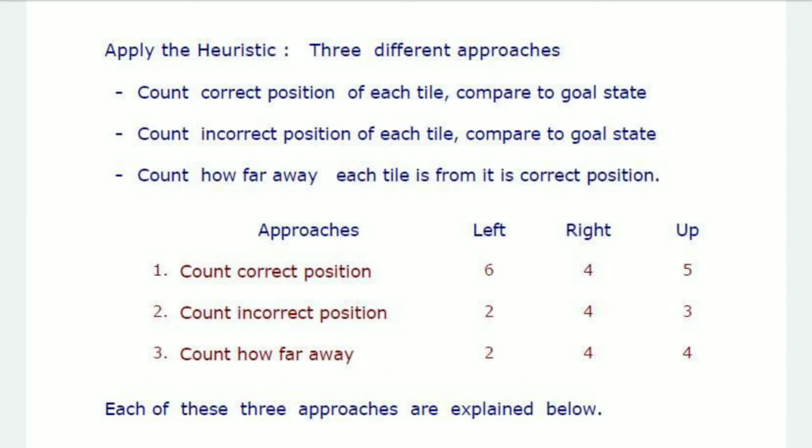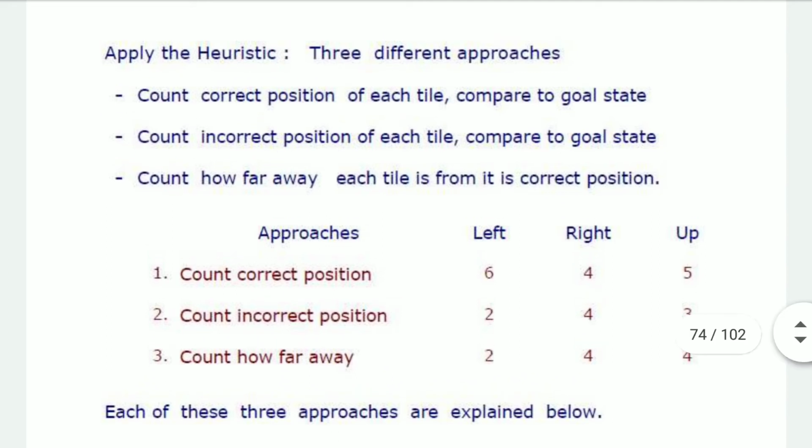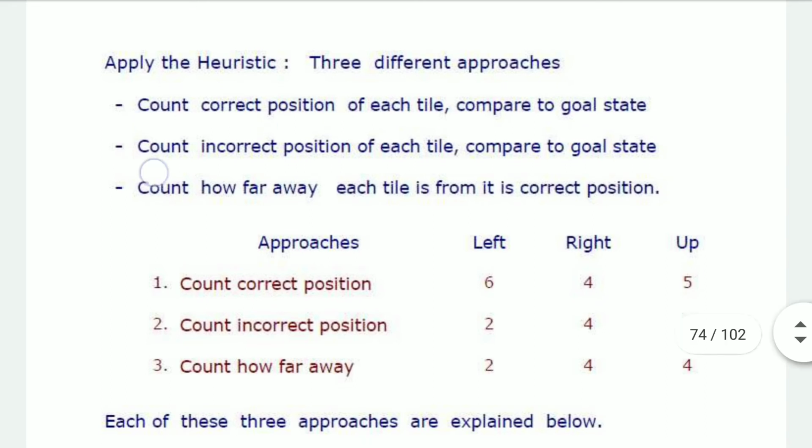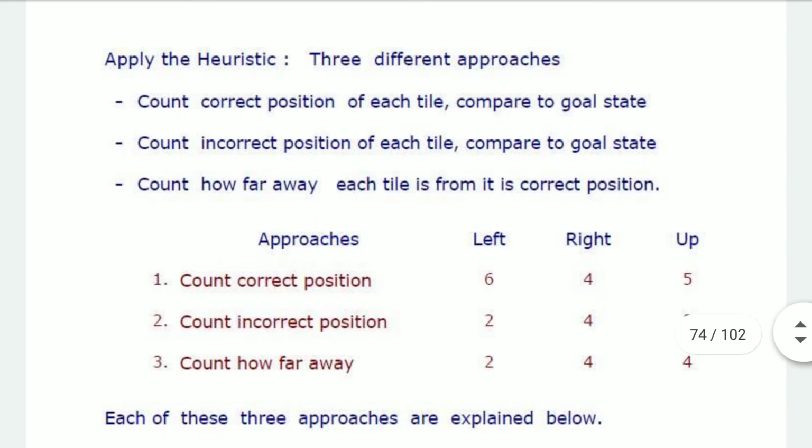So applying the heuristics, I am having 3 different approaches: count the correct position, count the incorrect position, and count how far away. So in our problems in the examinations, it may be asked to find out the 3 different heuristics approaches. You'll be writing the 3 different heuristics approaches: counting the correct position, counting the incorrect position, and how far away.